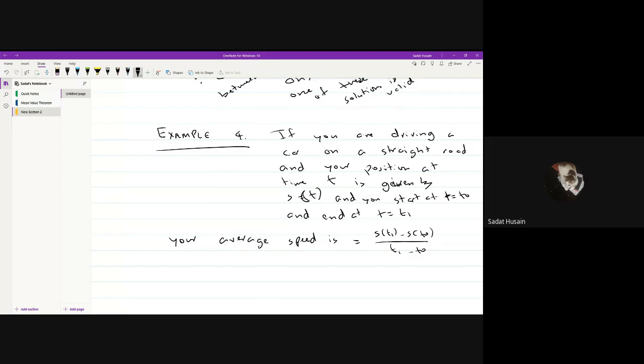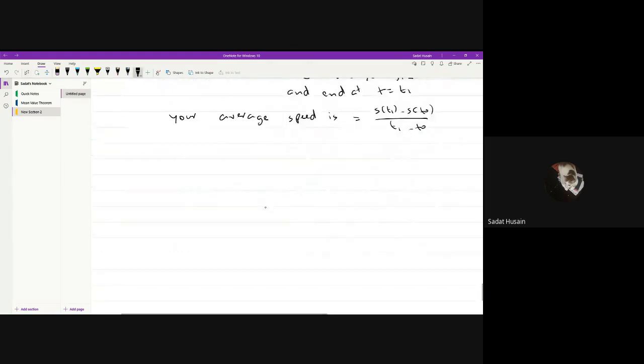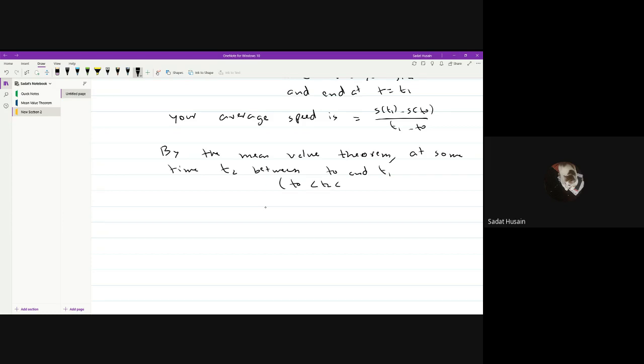So now by the mean value theorem, at some time t2 between t0 and t1, the car's speed is equal to the average speed.